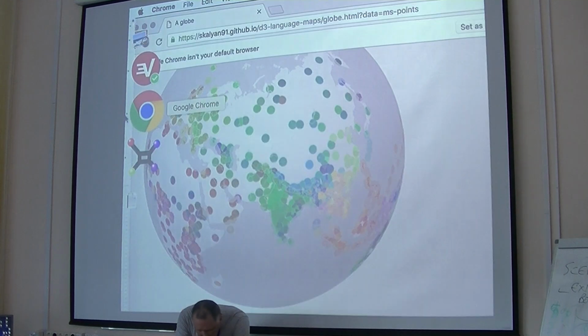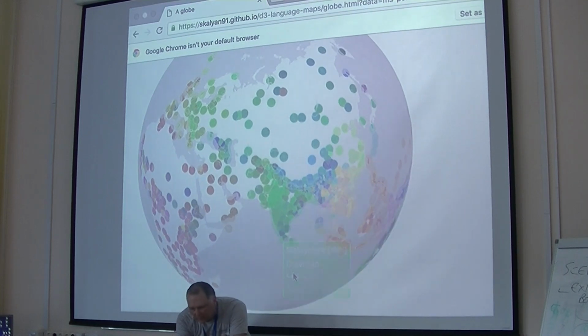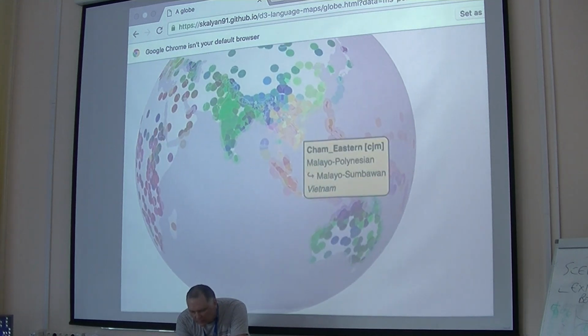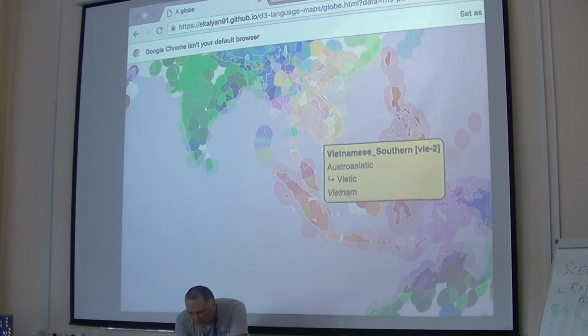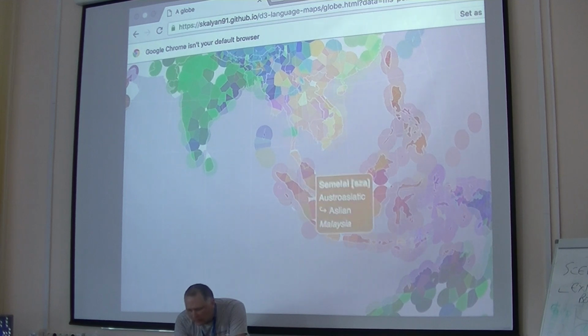This stuff is online here in a map that you can play with and drag your way around and examine the world at your pleasure and realize that that was Vietnamese and that should be Tsat, yes. And here's the Austroasiatic languages.